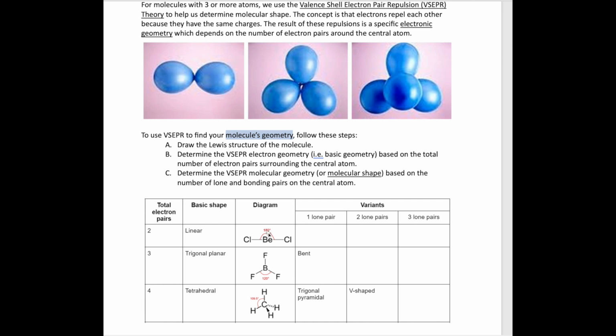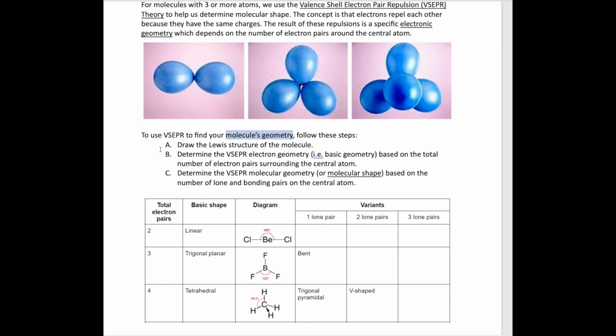Sometimes some of those electrons are just lone pairs. Lone pair electrons are not part of a bond, so they're not really visible in 3 dimensions. As a result, what we need to know is how many lone pairs and how many bonding pairs are present in the molecule for us to be able to predict the molecular shape or molecular geometry.